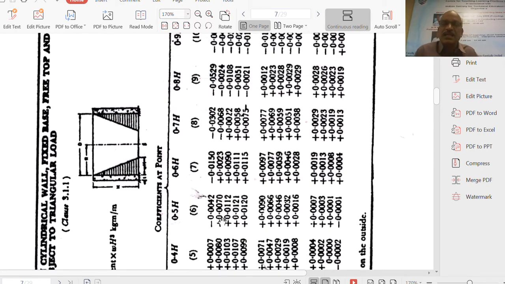For different cases a title is available: tank with a fixed base, tank with a hinged base, and the type of pressure, triangular loading.